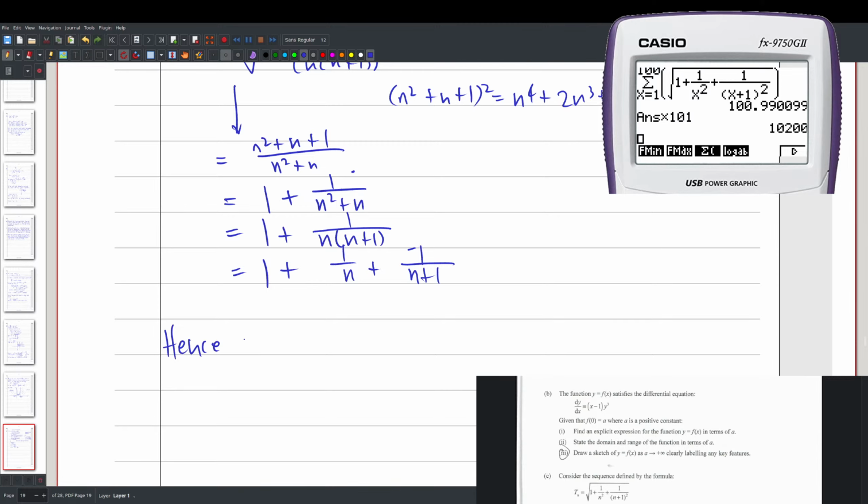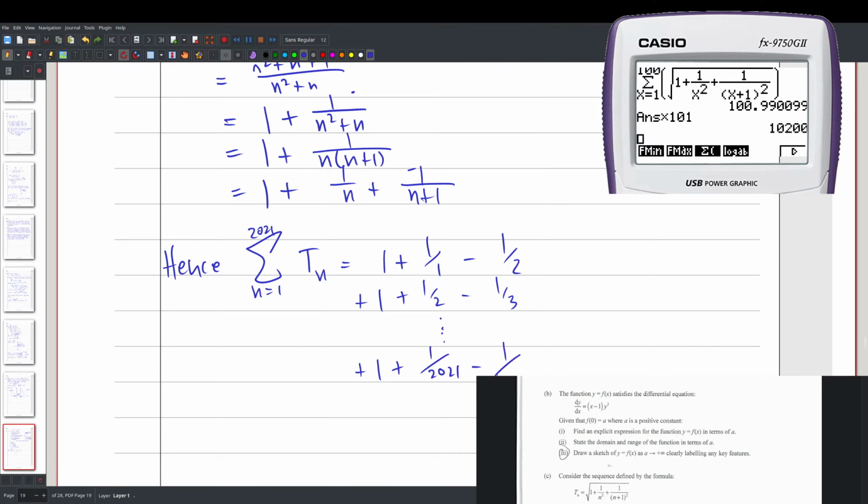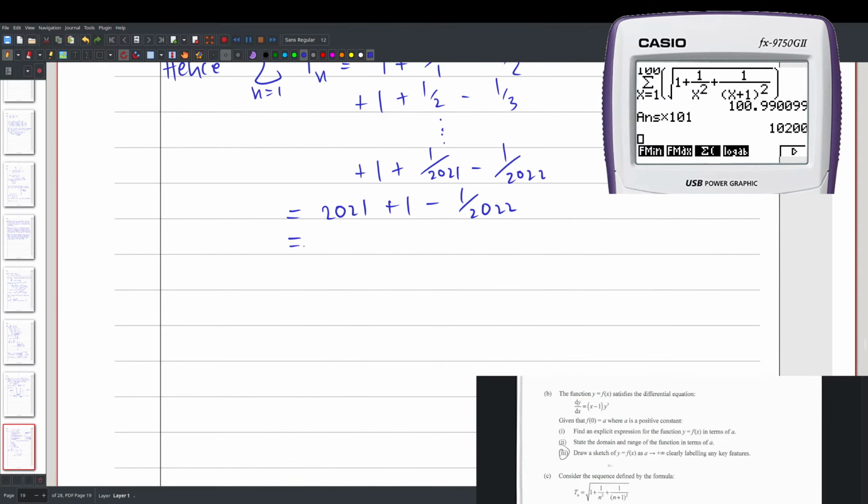Hence, now we're almost done, right? Hence, the sum from n equals 1 to 2021 of Tn is equal to 1 plus 1 on 1 minus 1 on 2, plus 1 plus 1 on 2 minus 1 on 3, dot dot dot, 1 plus 1 on 2021 minus 1 on 2022, which is equal to 2021 plus 1 minus 1 on 2022, which is equal to 2022 minus 1 on 2022.